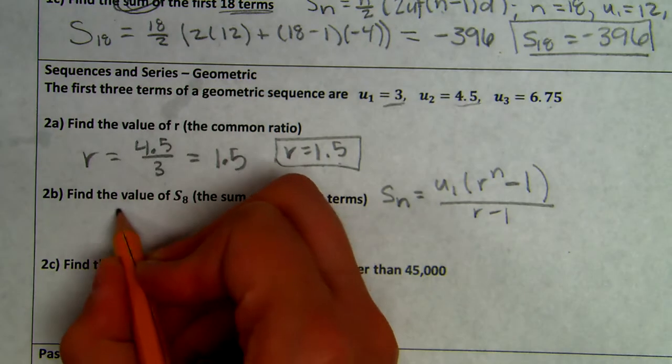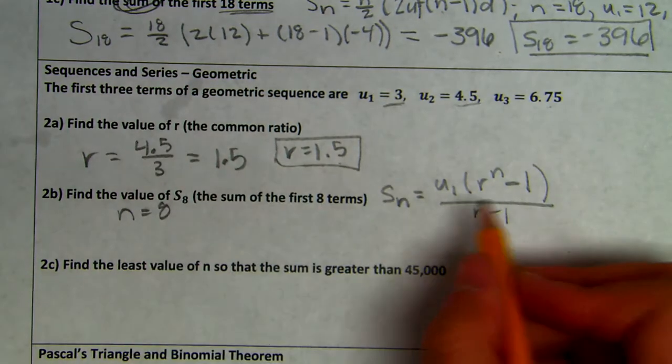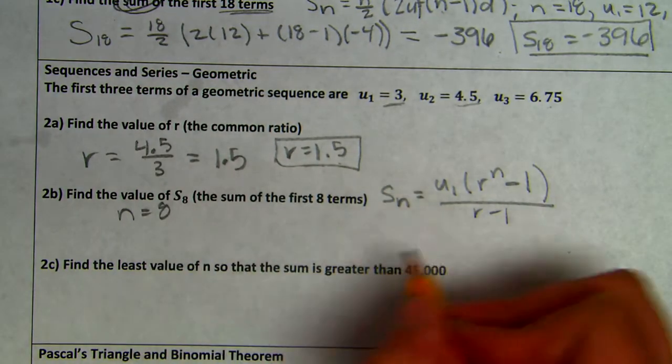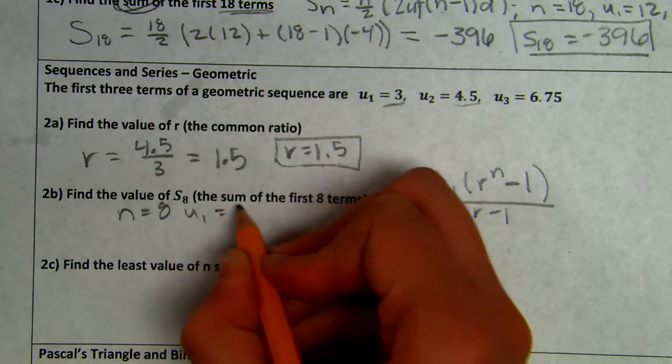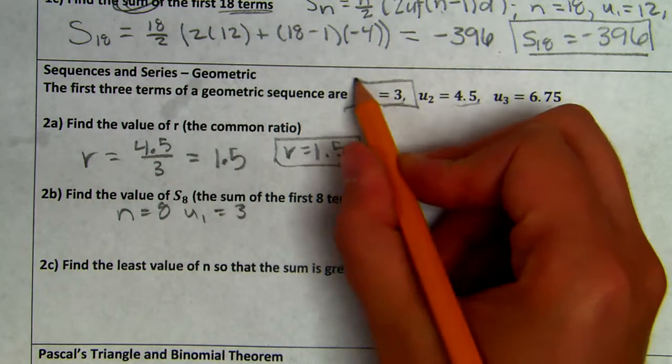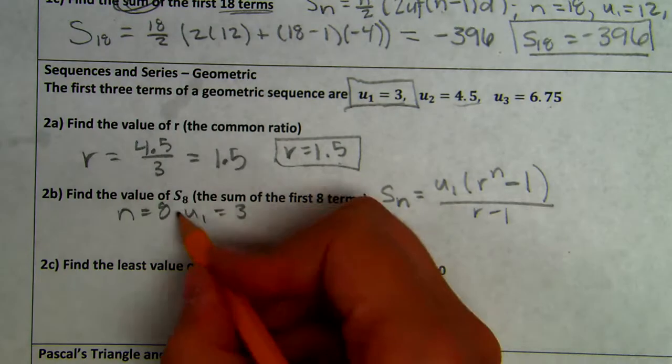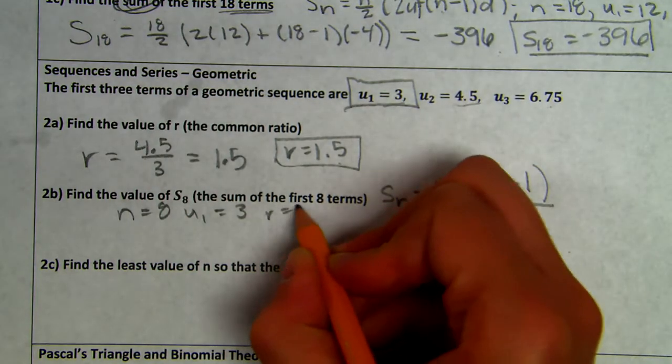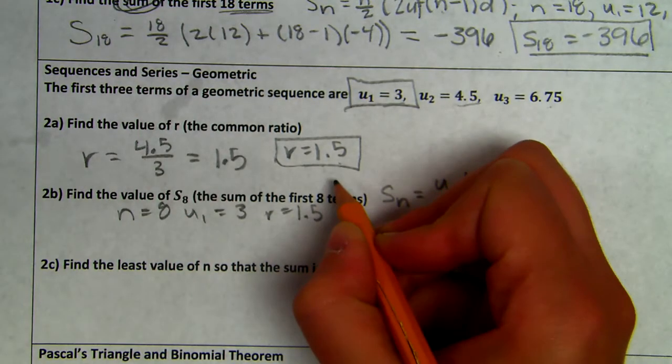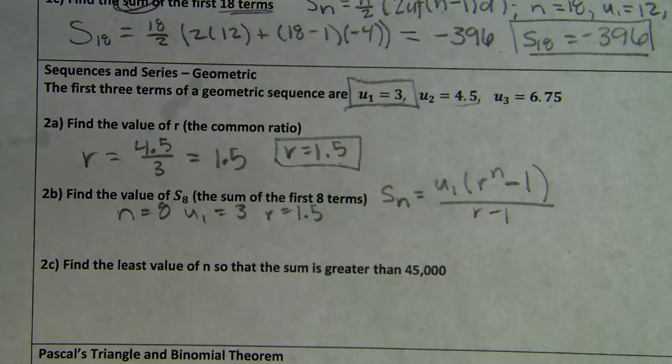I know that my n is going to be 8 because I'm looking for the sum of the first 8 terms. I know that my U1 is 3 because it tells me that literally right there. And I also know that my R is 1.5 because we found that in the previous part. So now I can just plug everything in.